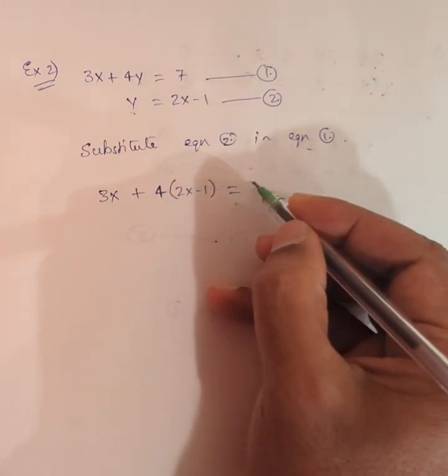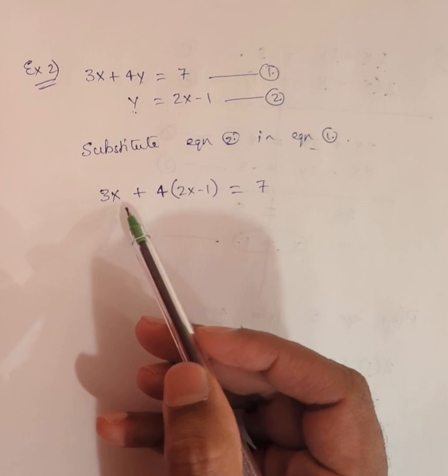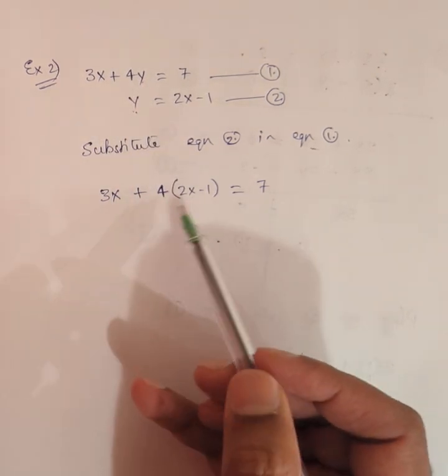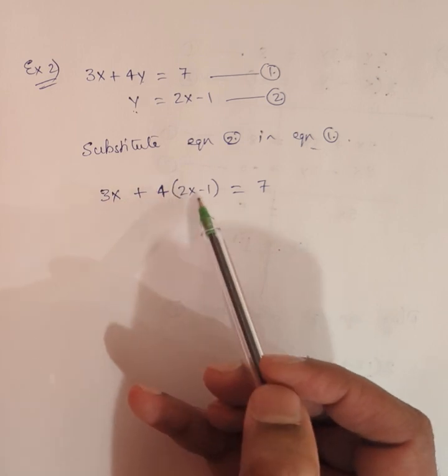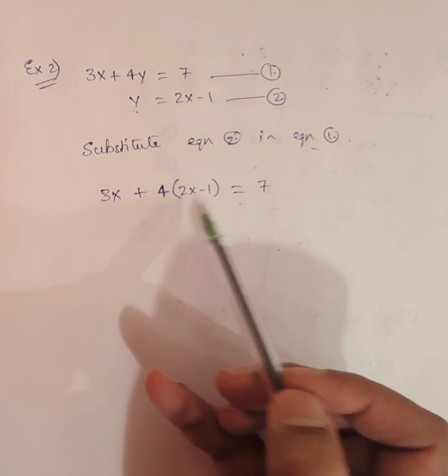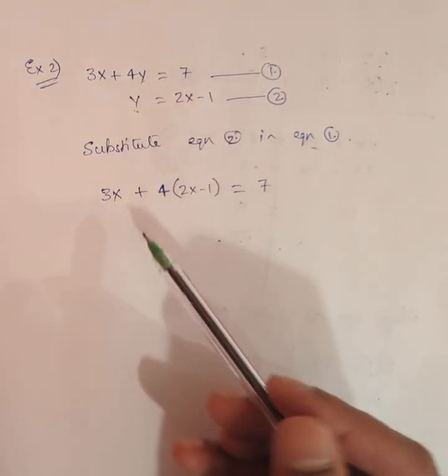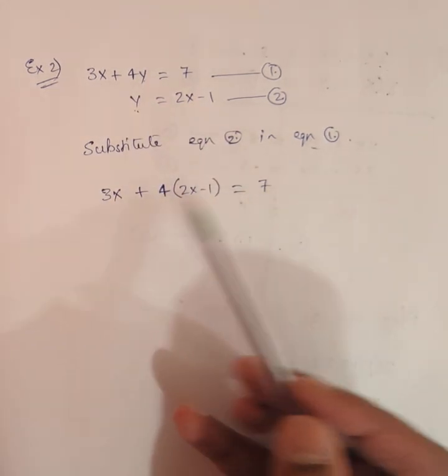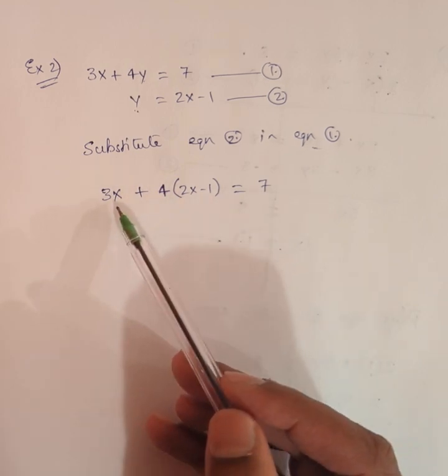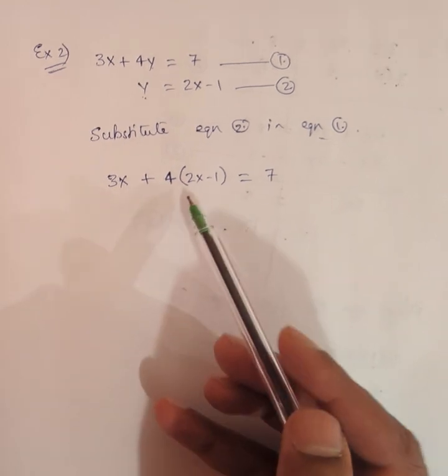So this is equal to 7. This is pretty much equation 1, but now you notice that you don't have the variable y. It's replaced with this complicated expression, 2x minus 1, because that's what y is. So this equation looks a little bit bigger and more complicated, but it's easier since it has only one variable, x.